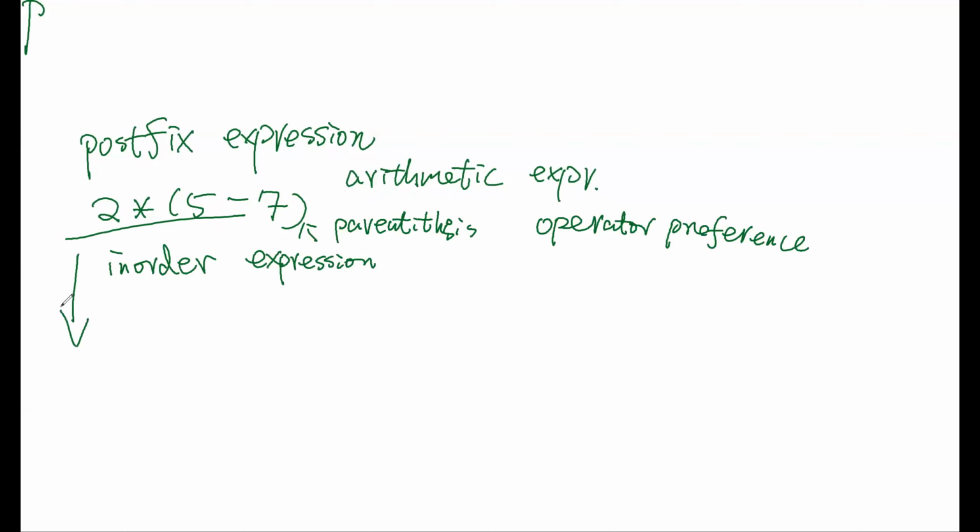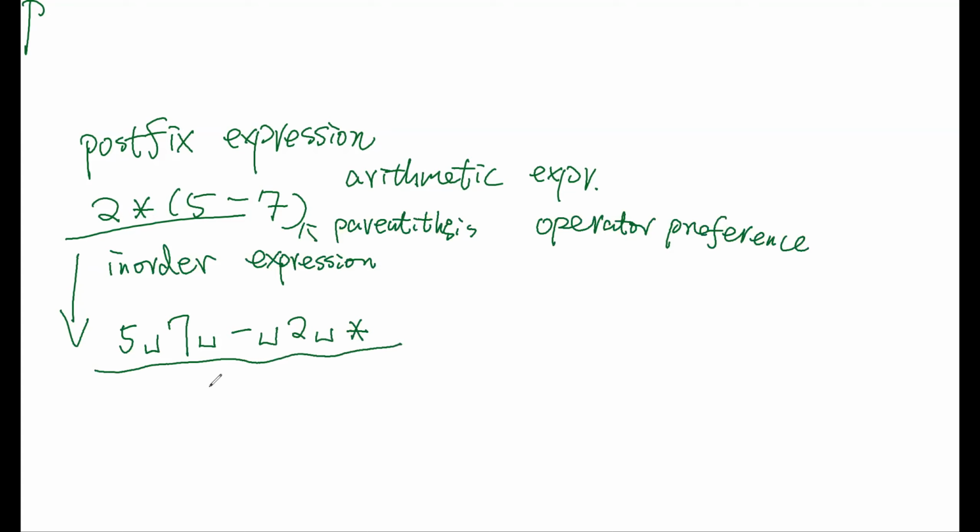In this case, it will look something like this: 5, space, 7, space, minus sign, space, then 2, space, then multiplication. This kind of expression looks kind of weird.